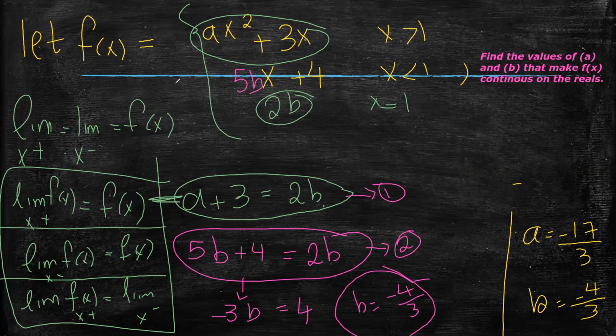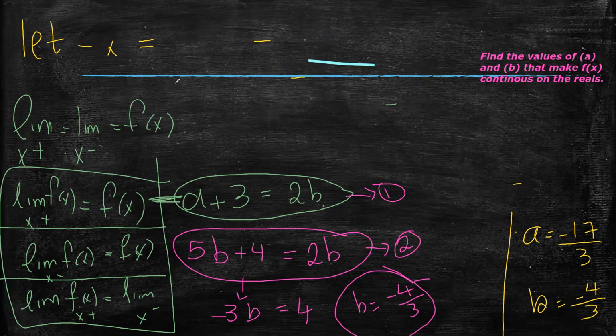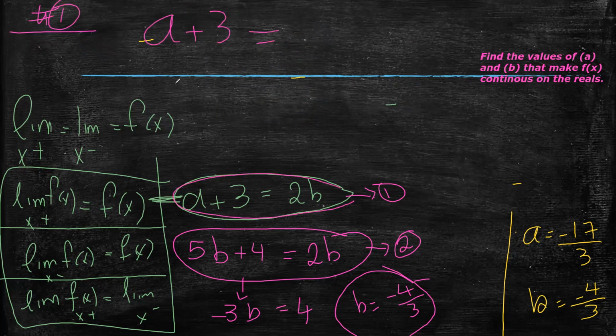So I found b. Now the second step I need is to find a. From where do I find a? From equation number 1. Here we have a plus 3 equal to 2b. And I know the value of b, so it is 2 times negative 4 over 3, equal to a plus 3.